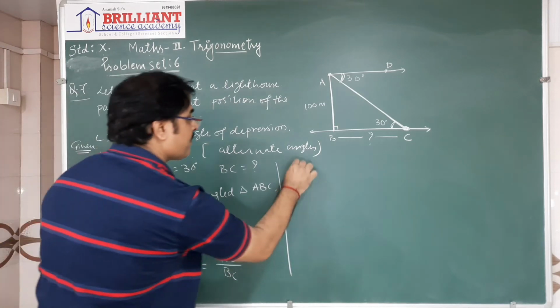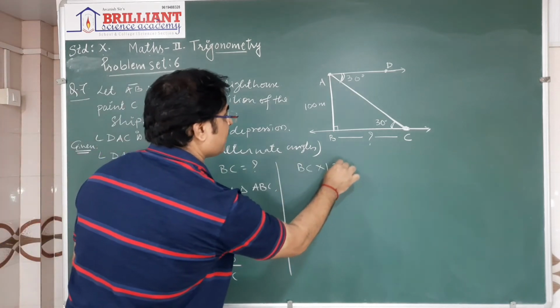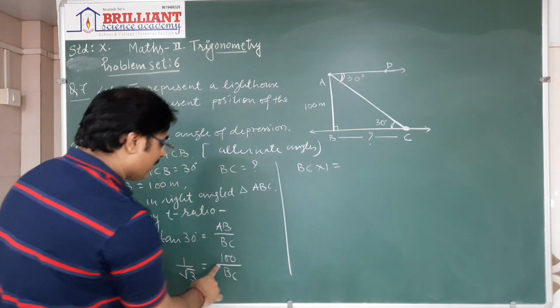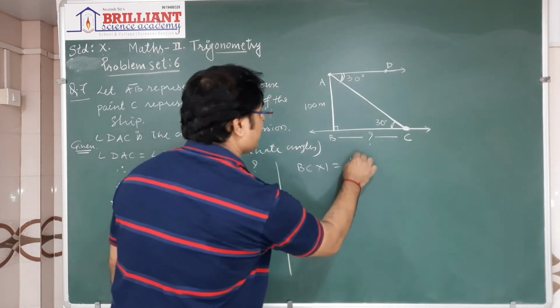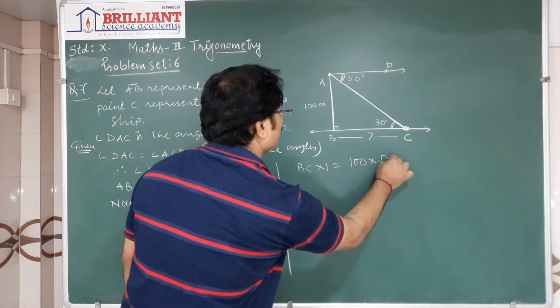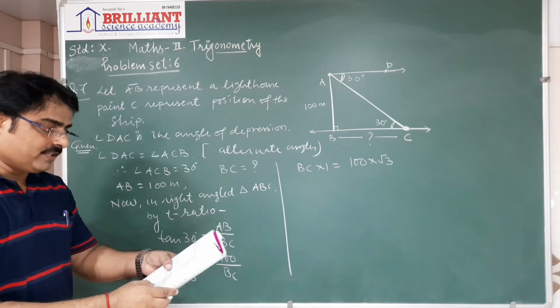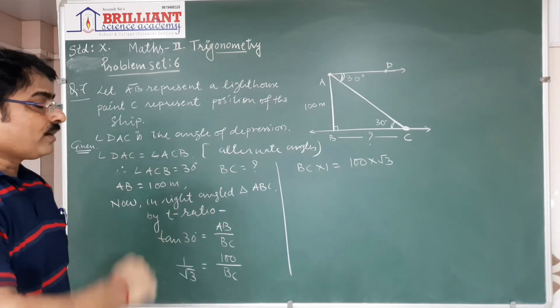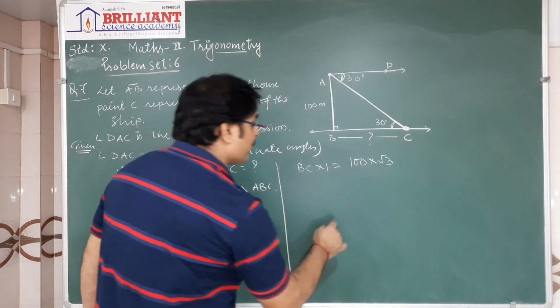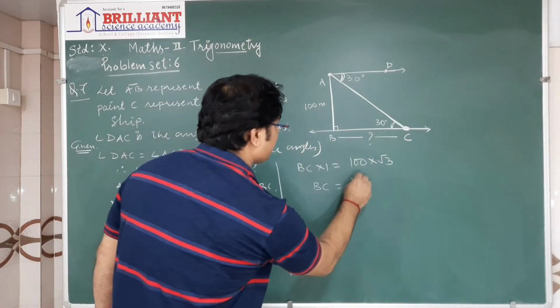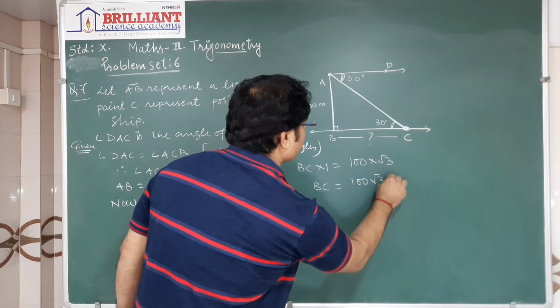Now by cross multiplication, BC into 1 is equal to 100 into root 3. In this question students, root 3 is again not given, so we will not put the value of root 3. BC into 1 is BC, so BC is 100 root 3 meters.